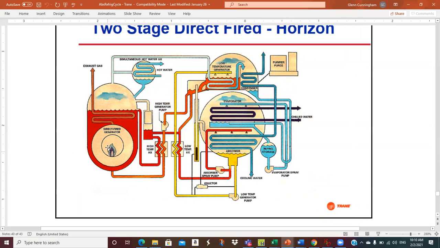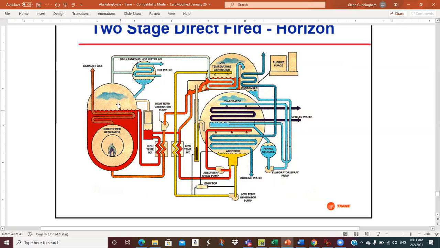Okay, so direct fire generator. So we're piping natural gas into this. We got a burner and all this. And this is our, let me see, we're generating water vapor out of this. So this is weak solution. It's easy to get confused. Okay, so, and we've got some exhaust gas. So we do have some loss. We've got some temperature in the exhaust gases, I'm sure.